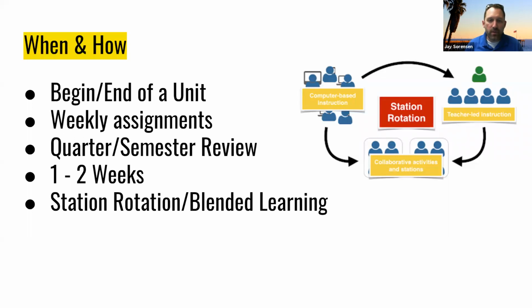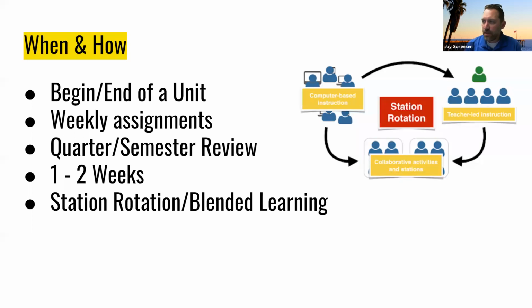So one thing that we were encouraging before we went to distance learning is the idea of the station rotation model. This, again, I got from Catlin Tucker, who is a big proponent of the station rotation model. And typically there are 3 types of stations.